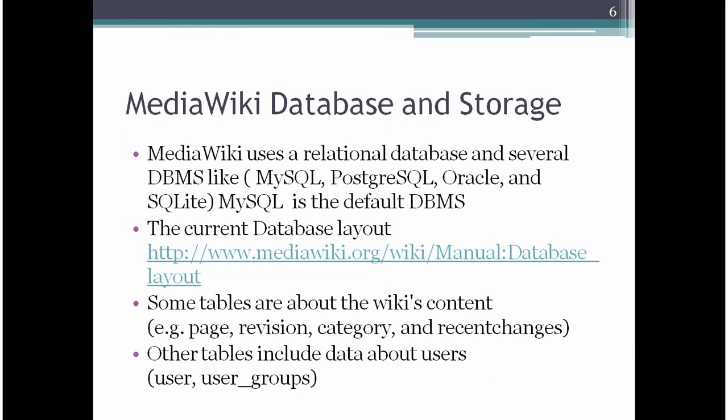You will have the category and all the pages that are stored under this category, and some other tables. Other tables that you will find useful are the user table, and the user groups table, which shows the different groups that you have.